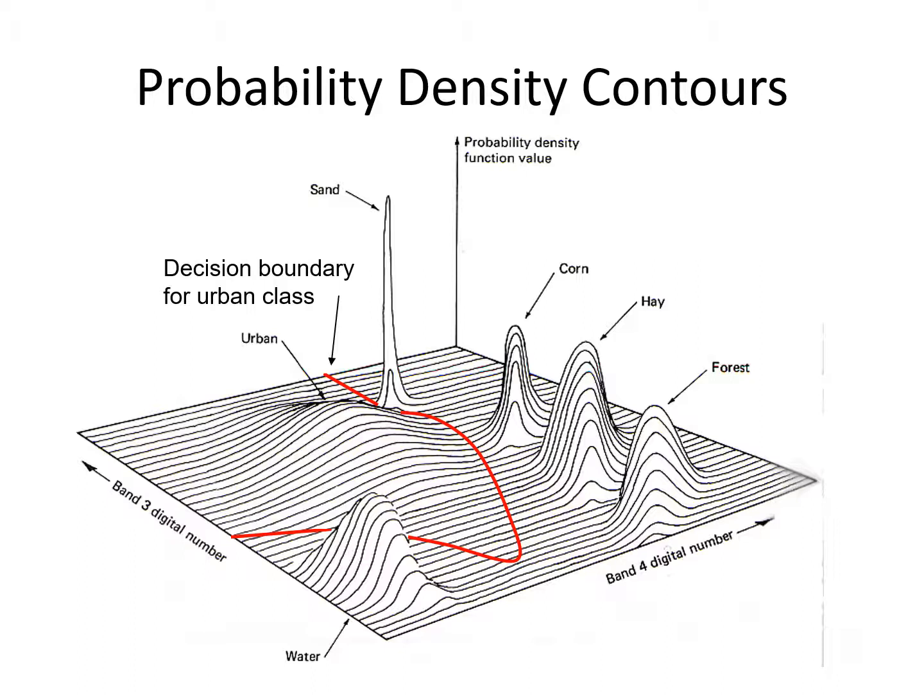As you move past that red boundary, you become closer to the foot of one of those other peaks, which means that while you're not maybe perfectly like sand, you're more probable that you're sand than the probability that you're urban, for example.